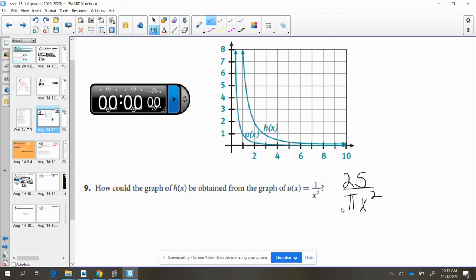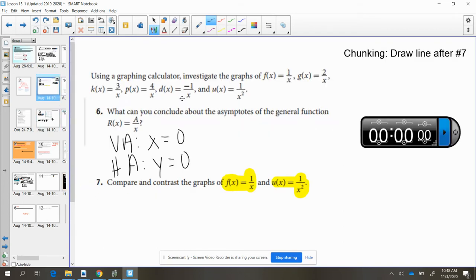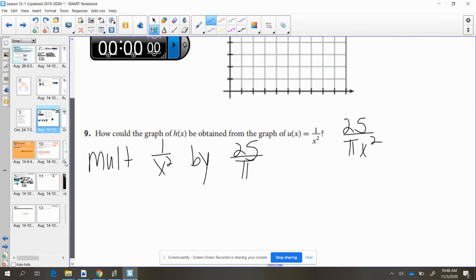So really all we did was multiply 1 over x squared by 25 over pi to obtain our new graph. We just changed that increase of how it's approaching that vertical asymptote by multiplying by this factor out front. That relates back to what we were talking about on the last page, that we are changing that a value to give this a different vertical stretch or shrink, and that's what we're noticing there.